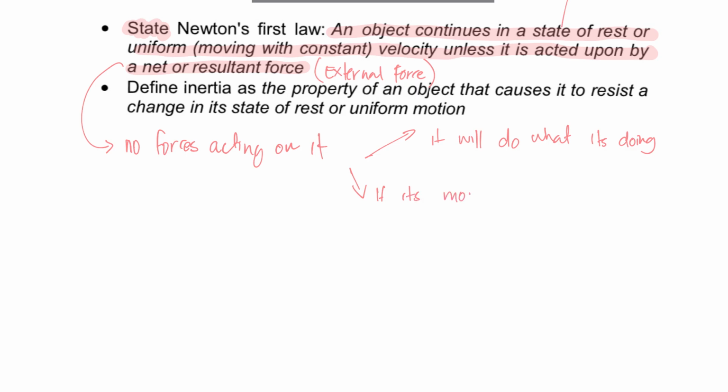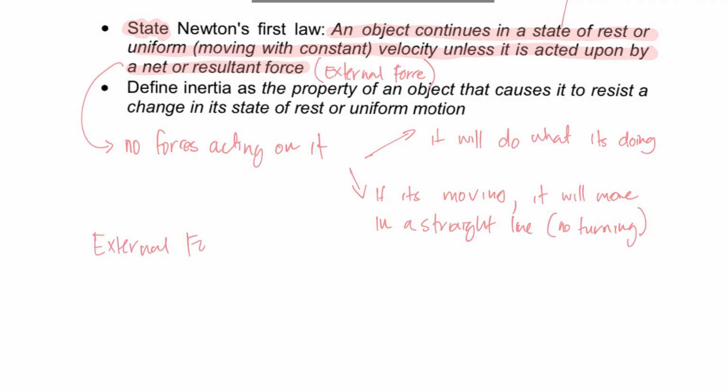If it's moving though, it will move in a straight line, no turning. The reason for that is, if I'm saying that there are external forces, I need to understand what those external forces do. If I have external forces, they can do three things.